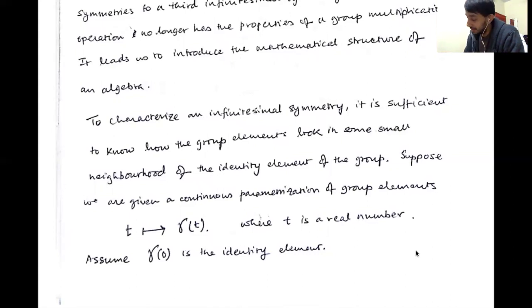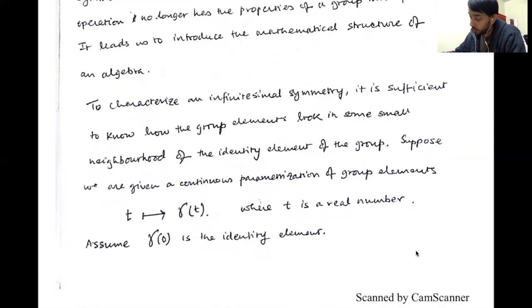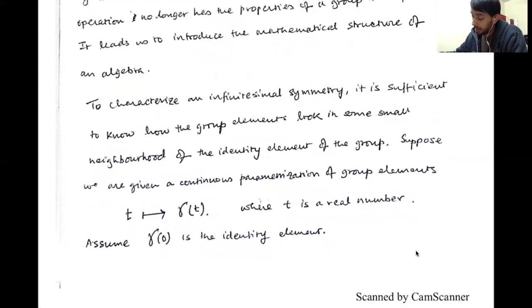We have this map, where the group elements gamma are parameterized with t, where t is a real number, and t equal to 0 gives you the identity element, okay?